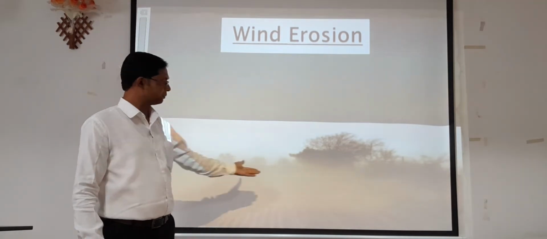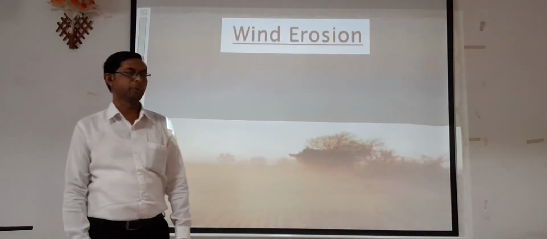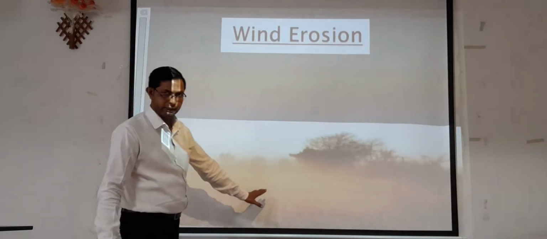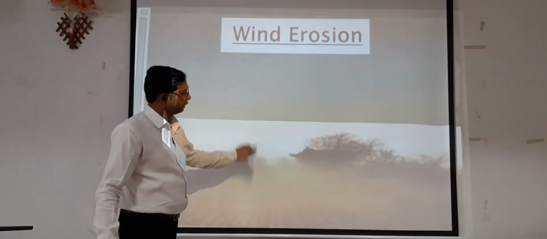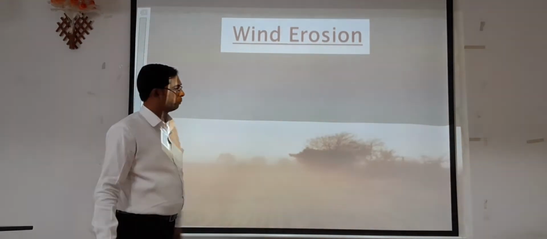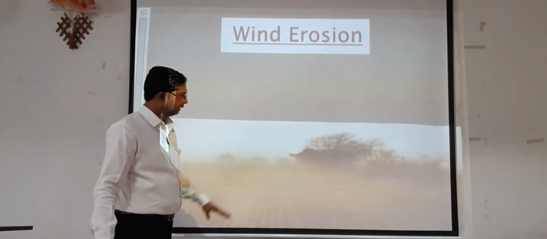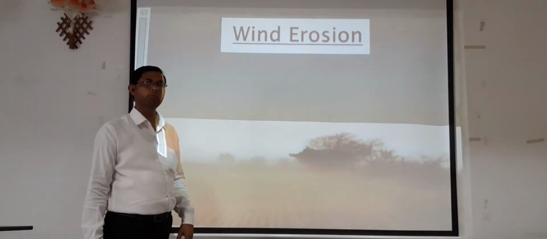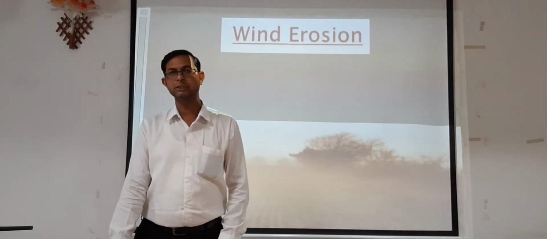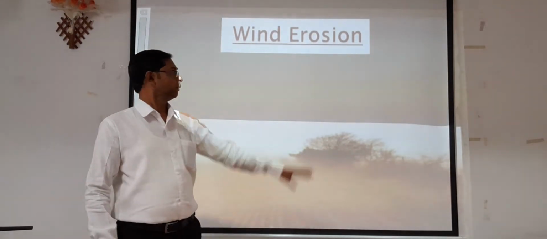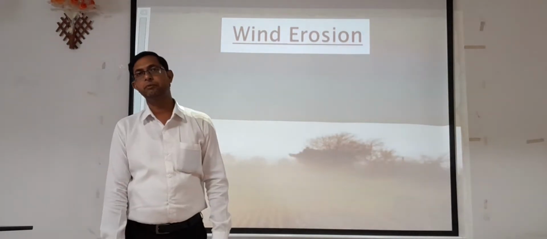The first part in this is detachment, so the topmost layer gets detached. After detachment, it is blown away with the help of air and deposited somewhere else. So this is nothing but wind erosion, in which the most important part is played by the wind.